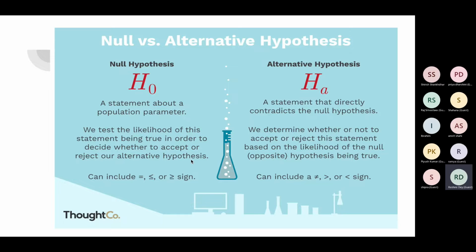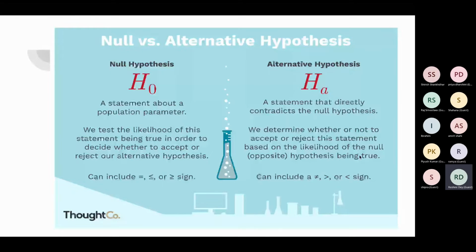We always test our null hypothesis. If it is true, we accept, or if it is false, we reject. We determine whether to accept or reject the statement based on the likelihood of the null hypothesis being true.